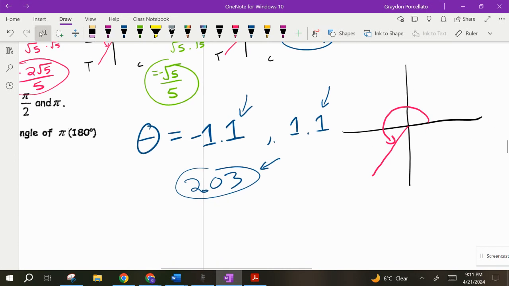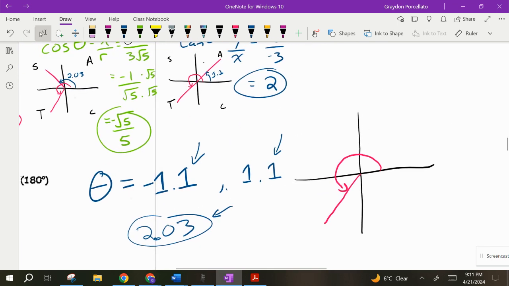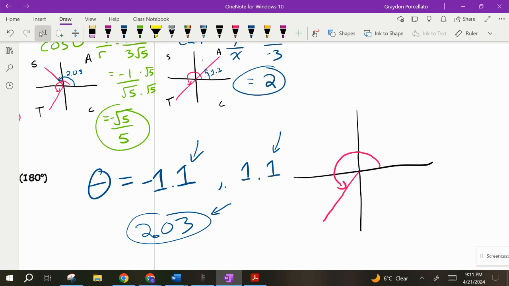Well, we'll go down to here and we'll look at a couple things. So let's actually just use tan in particular. So looking at tan, we found out this little angle here, this little part here, and we found out that this was 1.1. What you might remember from grade 11 is this is what we call our related acute angle.